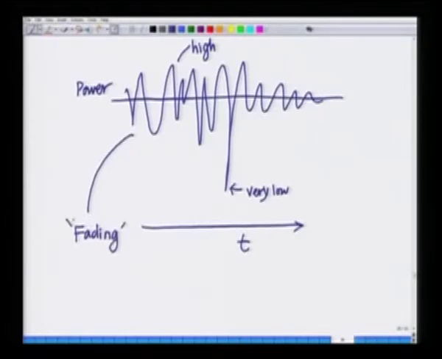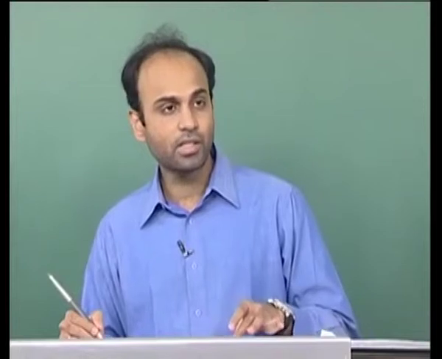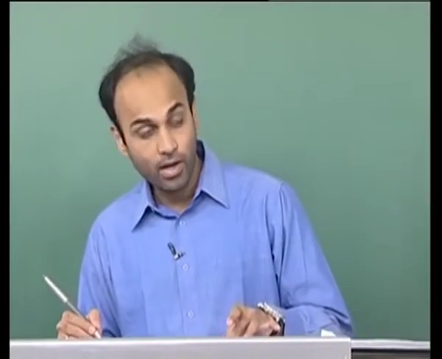The signal power waxes and wanes, and this variation is essentially what is termed as fading, and it is a very important characteristic of the wireless propagation environment arising due to the multipath propagation environment.